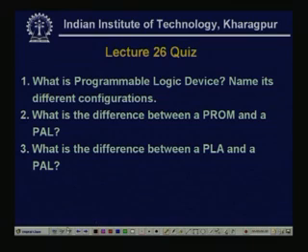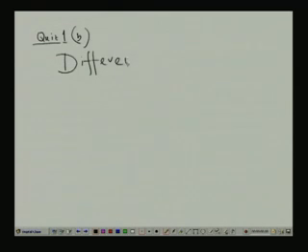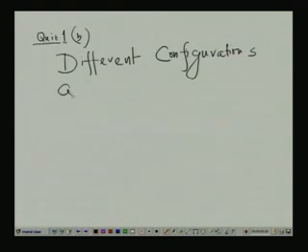The different configurations are: one, the PROM, programmable read only memory.